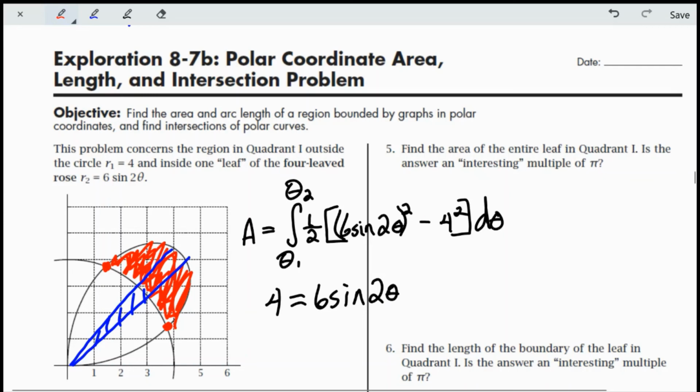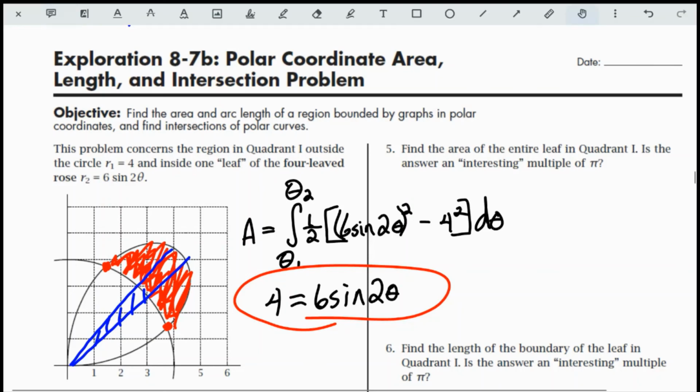If that were the case, I would have to integrate the part of the curve that's the petal over its theta values, and then the part that's the circle over its individual theta values, and then subtract those areas. Instead of a single integral, I would have two separate integrals. But most of the time, you can just go through this process. You can set the two curves equal to each other, and that'll give you those intersection points.